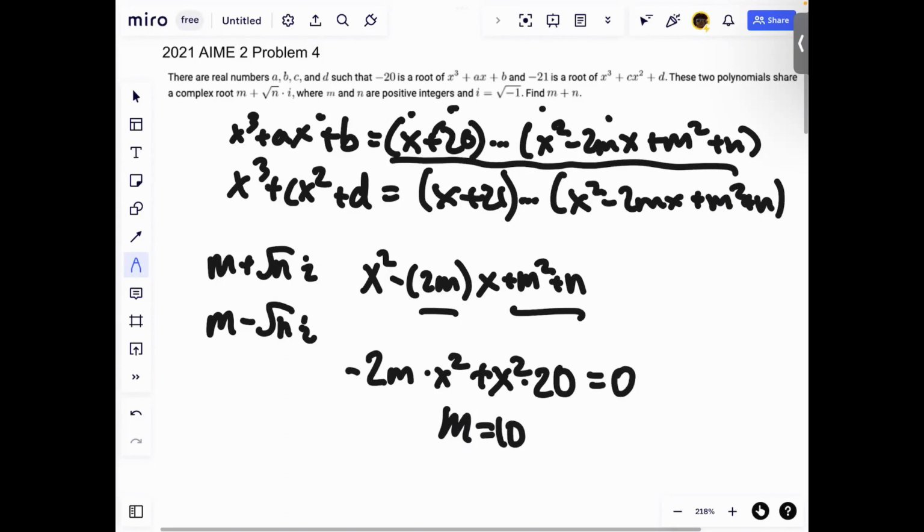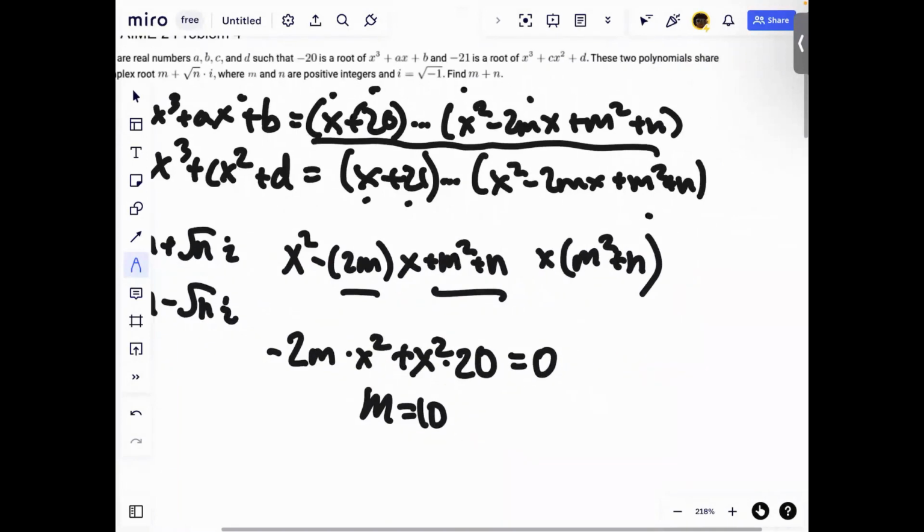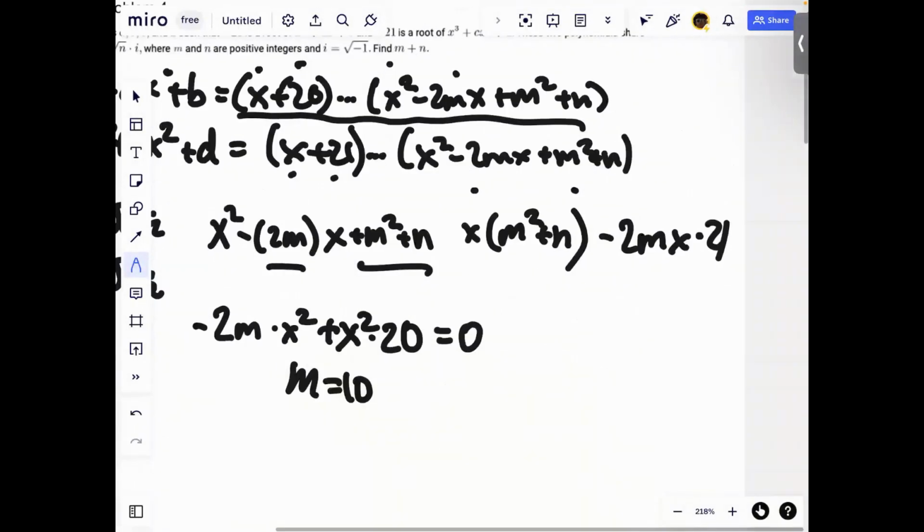And then for the second one, the coefficient of x should equal 0. So we have x times m squared plus n for a factor of x, and then 21 times negative 2mx for a factor of x. We know that this must equal 0.